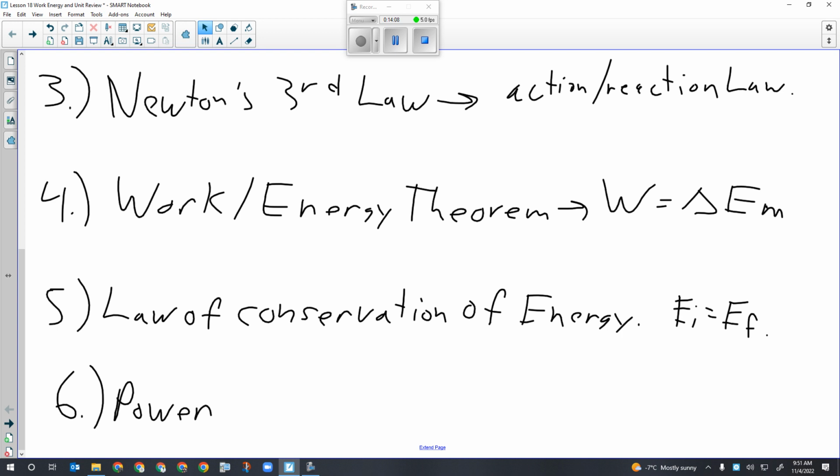My favorite kind is Newton's second law question. Work energy theorem. And law of conservation of energy with a part B to do with work energy theorem.